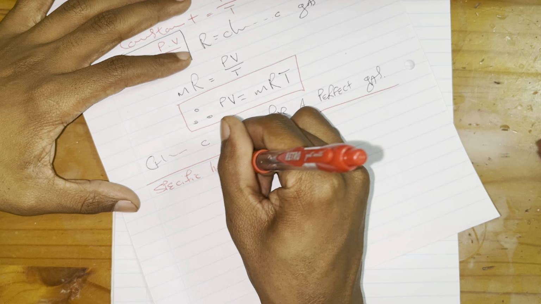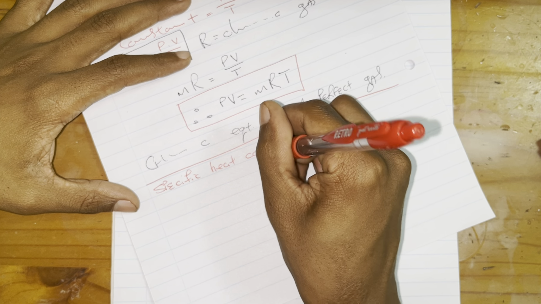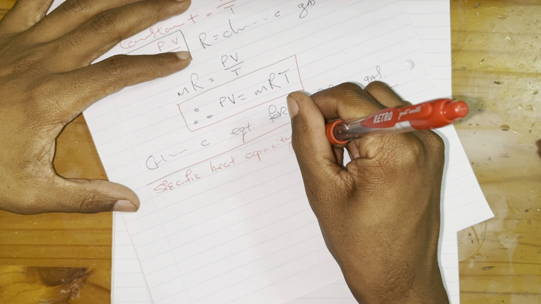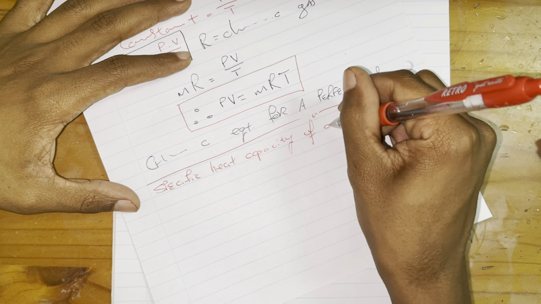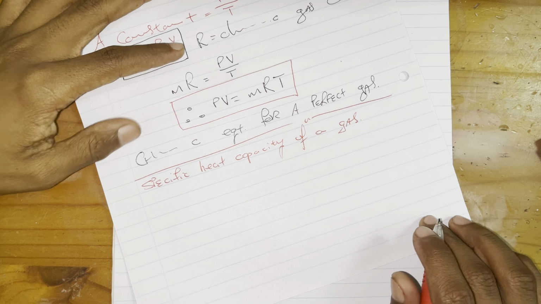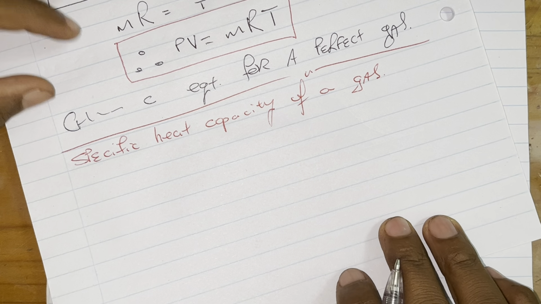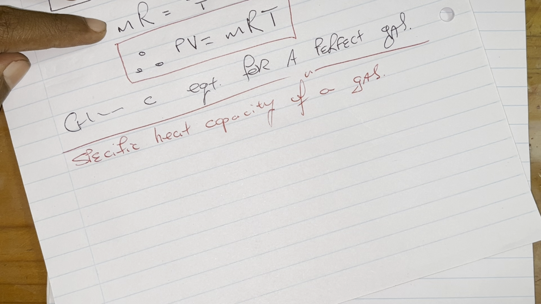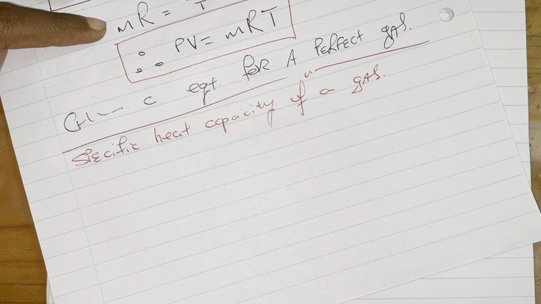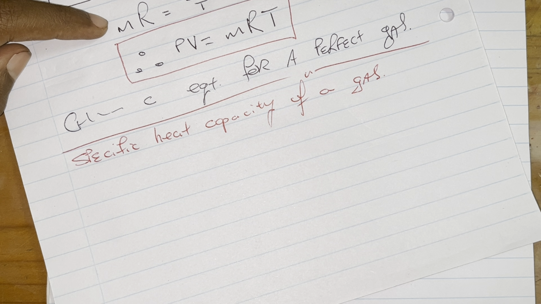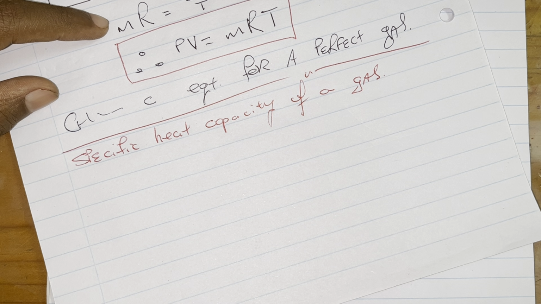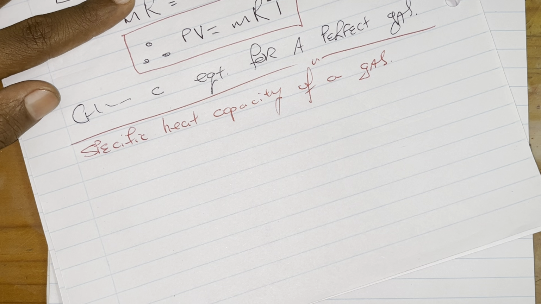Specific heat capacity of a gas. Okay, right, specific heat capacity of a gas is equal to the ratio of the heat added to or removed from a gas to the resulting temperature change. So let's just write that down.